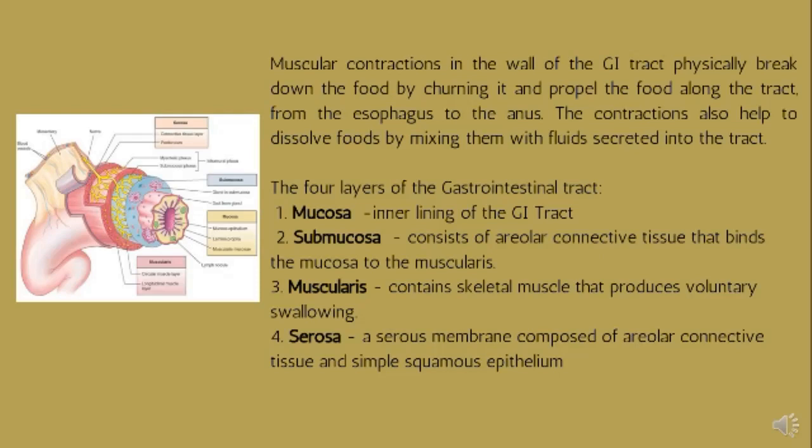Those portions of the GI tract that are suspended in the abdominal cavity have a superficial layer called the serosa. As its name implies, the serosa is a serous membrane composed of areolar connective tissue and simple squamous epithelium.